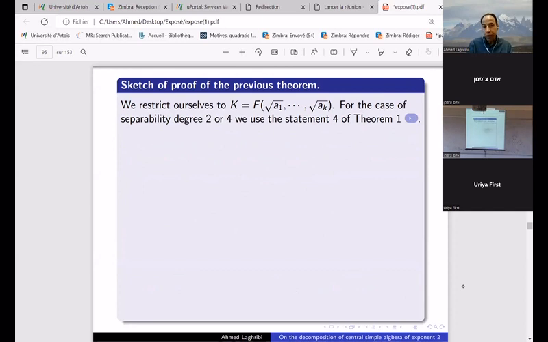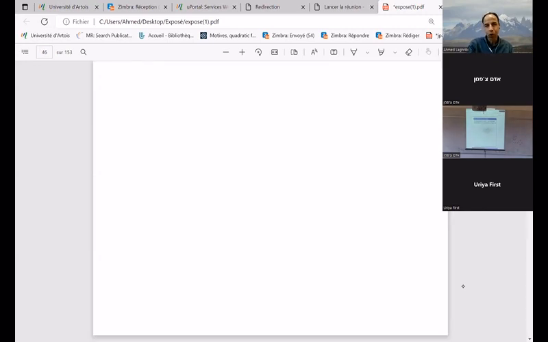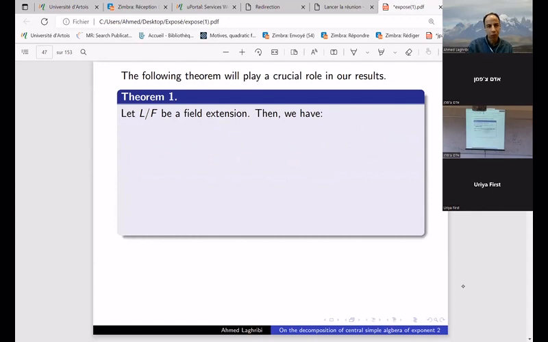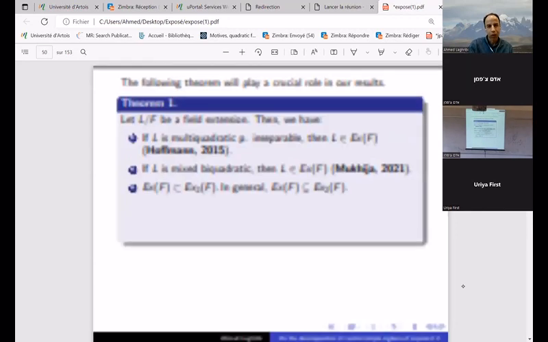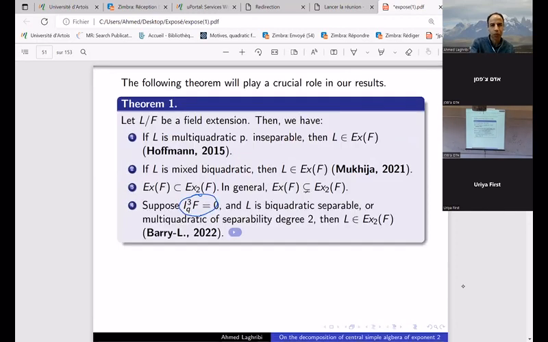And for the case of separability degree 2 or 4, we use statement 4 of Theorem 1. Let me recall the statement. This is the statement that we use.